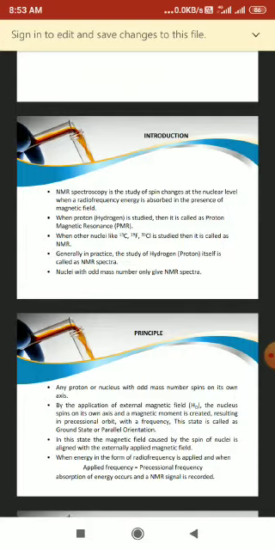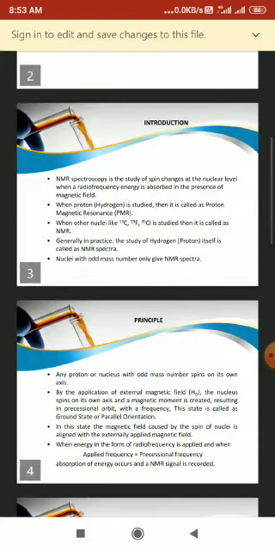I means ground state and 2 means excited state. Other nuclei like carbon 12, oxygen 16, sulfur 32, nitrogen 14, hydrogen 2 do not give NMR spectra because of symmetrical charge distribution and their spin quantum number is an integral value.